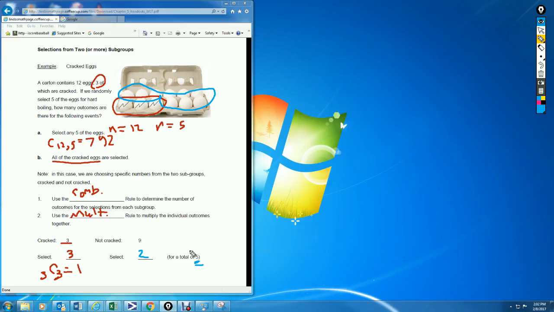So how many ways can I select 2 of the not cracked eggs? Well, in other words, I want to do a combination of, there's a total of 9, but I want to select 2. So 9C2 is 36. And 3C3, which I already did, is 1.